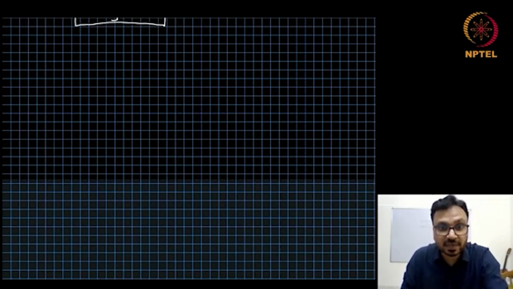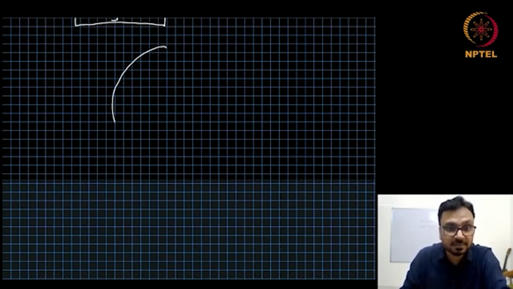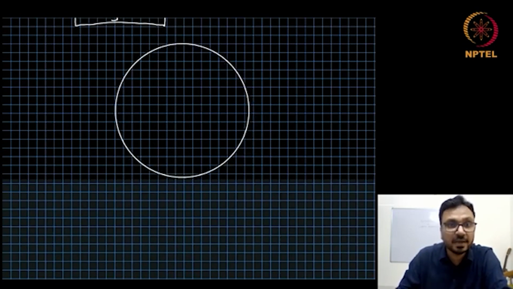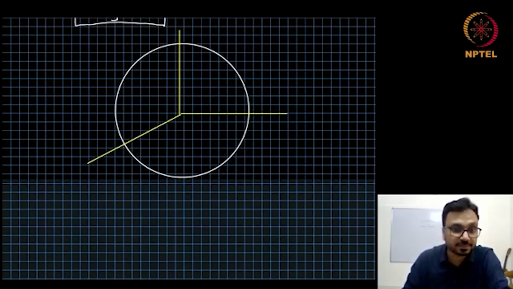For that, let me draw again a big Bloch sphere, and axes: this is the z axis, this is the y axis, and this is the x axis. And let me draw an equator.